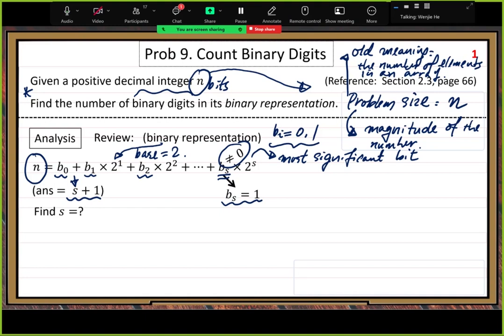So in order to find S from n, based on this binary representation, we need to derive a recurrence relation. Then we need to find a solution of this recurrence relation. So we solve this problem.